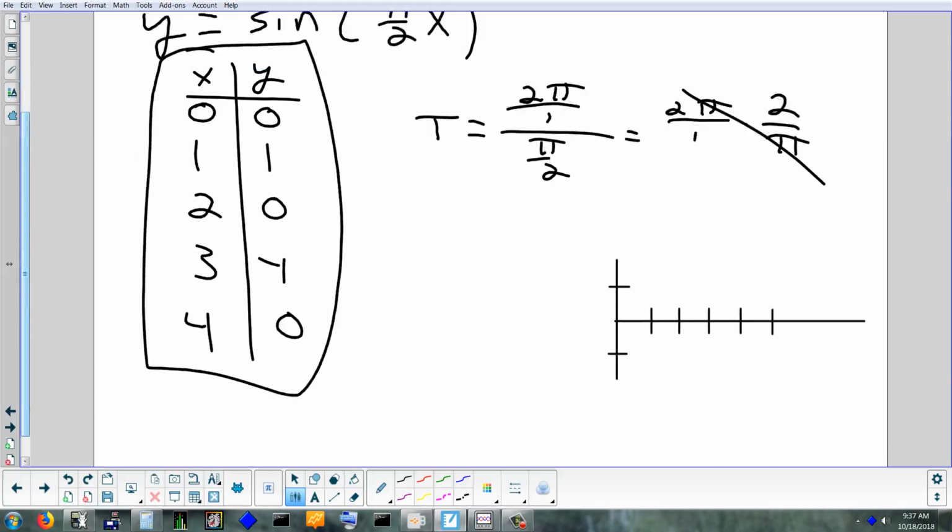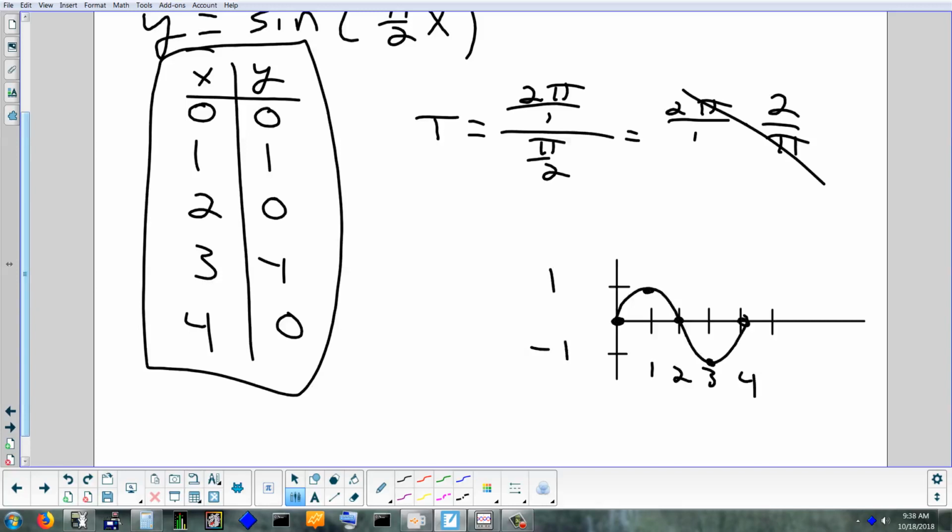If you want to, you still can. But this is the only time this week where this has ever happened. Okay. 1, negative 1. All right. So we got 0, 0, 1, 1, 2, 0, 3, negative 1, 4, 0.